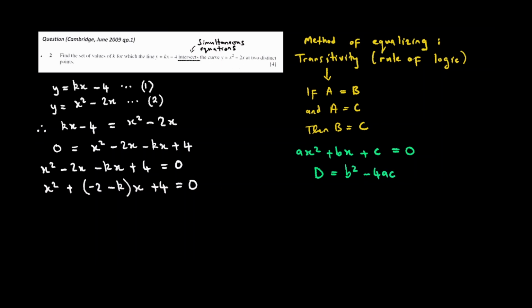Now if we read our question, it says, alright, let me just repeat. Find the set of the values of k for which the line y is equal to kx minus 4 intersects the curve y is equal to x squared minus 2x. Intersects tells us about the simultaneous equations, but it then says at two distinct points.